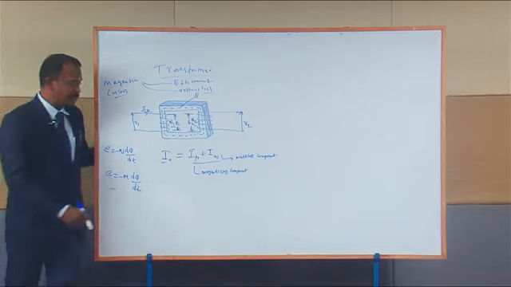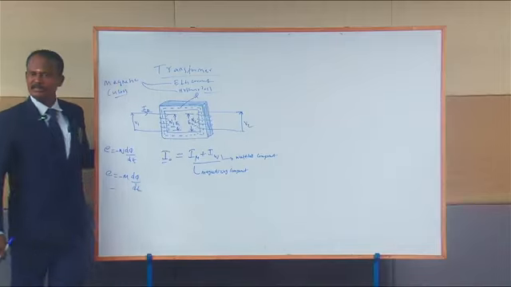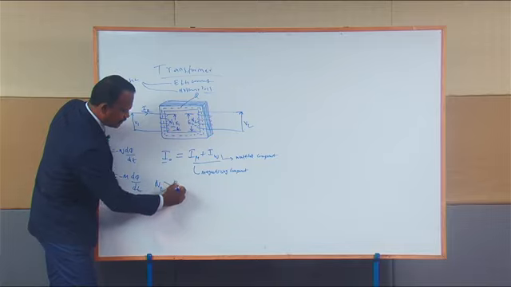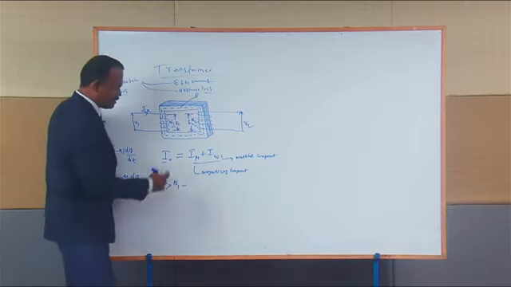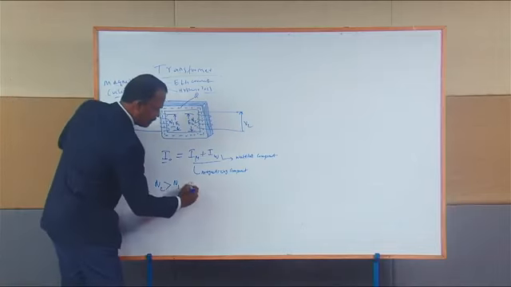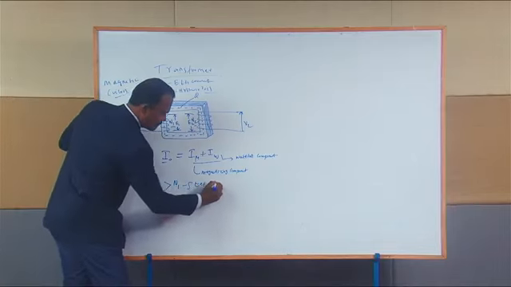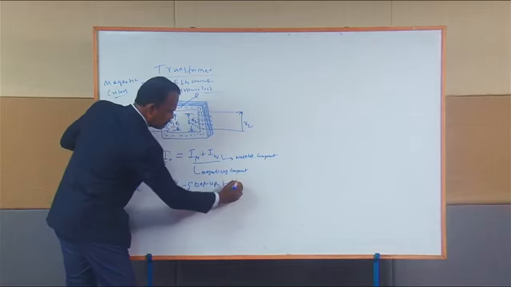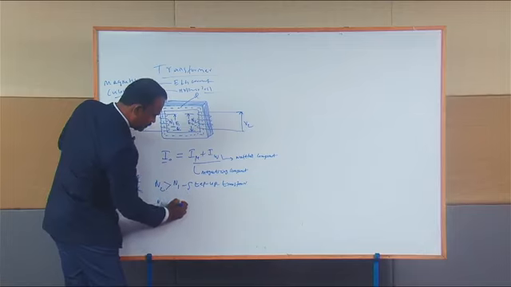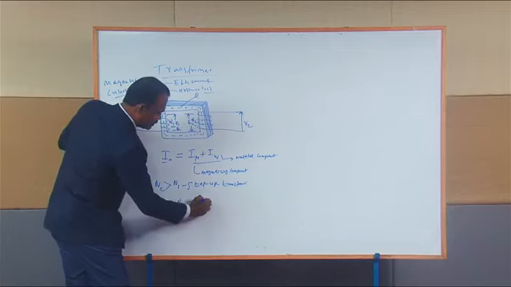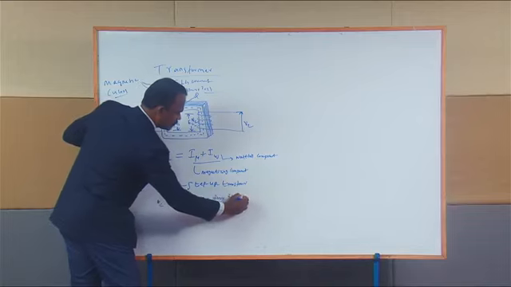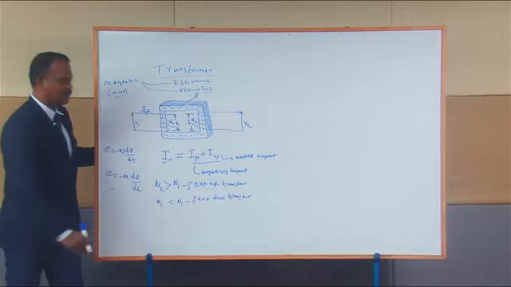For example, if the number of turns N2 is greater than N1, the voltage in the secondary is higher than the voltage in the primary, and I call it a step up transformer. Similarly, when N2 is smaller than N1, we call it a step down transformer.